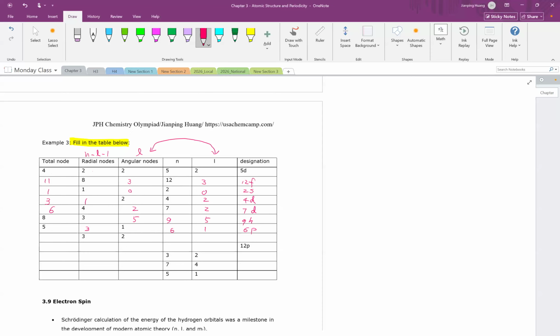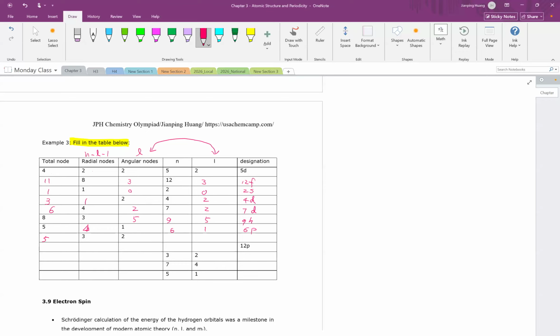That's right. Read your notes. That one should be 4. Now go to the next one. That one should be 5.